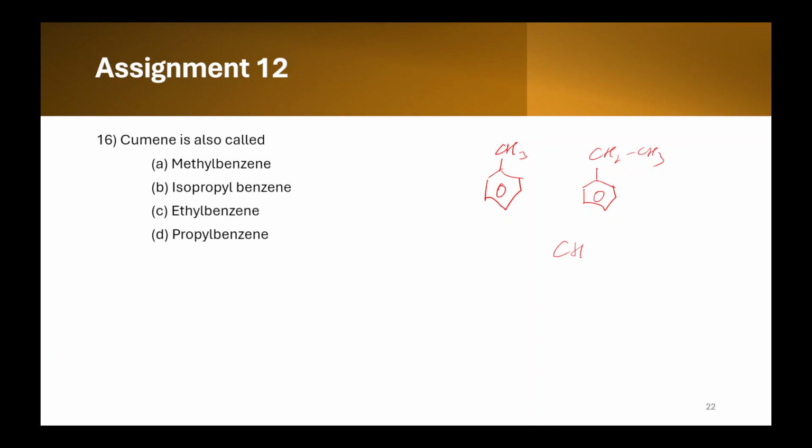Propyl benzene is again CH2, CH2, CH3. So this has three C's, but the phenyl is attached to the end of this propyl group and not the middle. Cumene is basically CH, CH3, and CH3. So this is the isopropyl group, and this is our cumene. So the correct answer is isopropyl benzene.